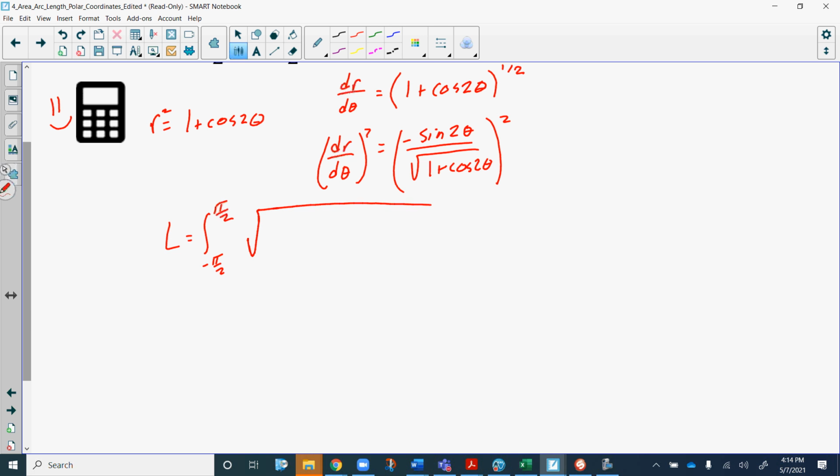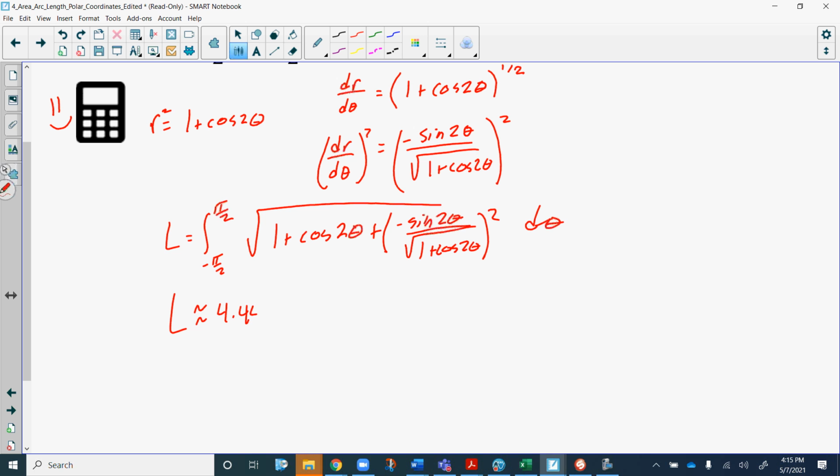I'm going to say the square root of 1 plus cosine of 2 theta, and that's not 2 cosine of theta, plus, in parentheses, the negative sine of 2 theta over the square root of 1 plus cosine of 2 theta, squared, d theta. I'm going to type that in my calculator, and this one gives me a length approximately equal to 4.443.